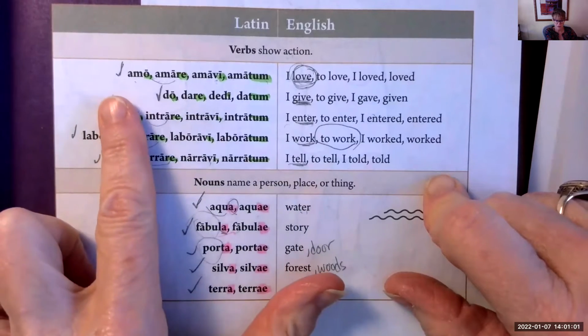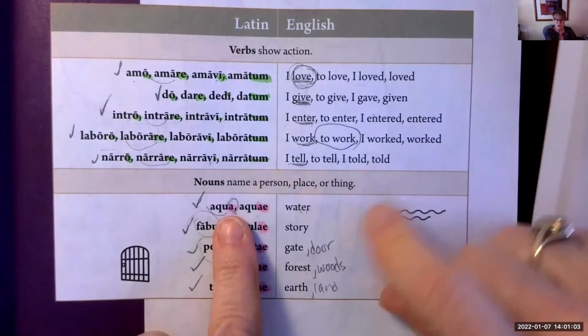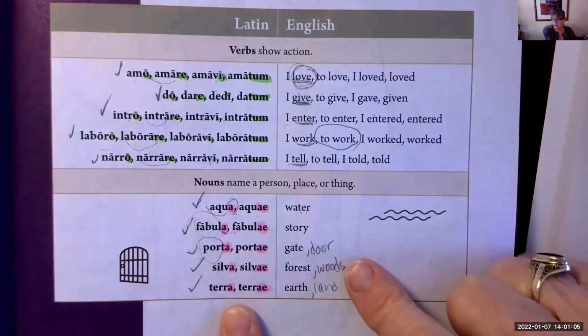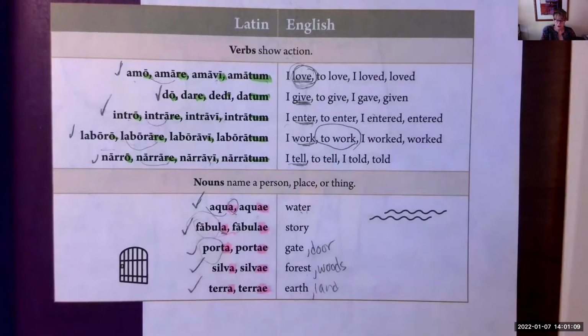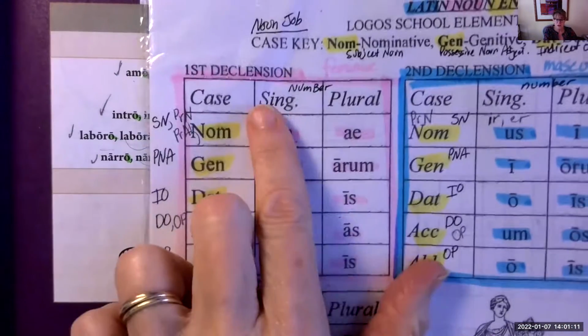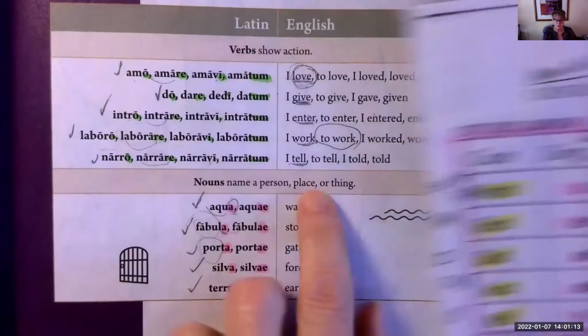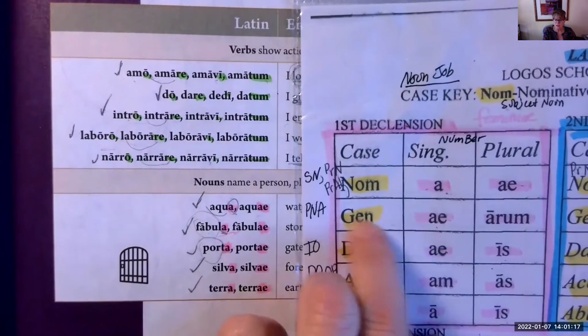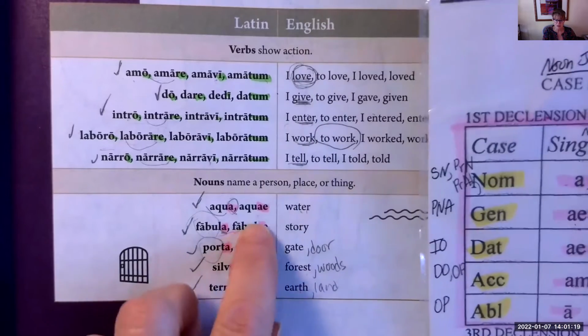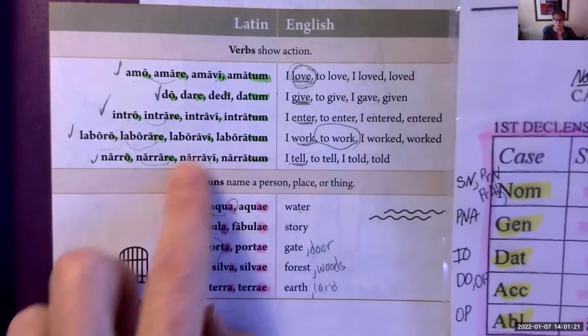In chapter 1, you have 5 verbs, and then they also have 5 first declension nouns. First declension means that the nominative, the subject, ends in the letter A, and the second ending, the genitive, is AE.